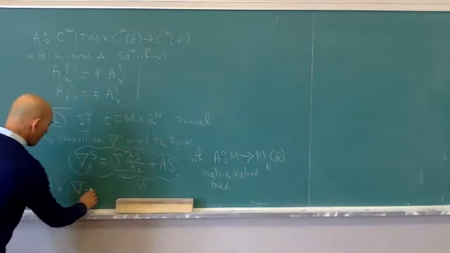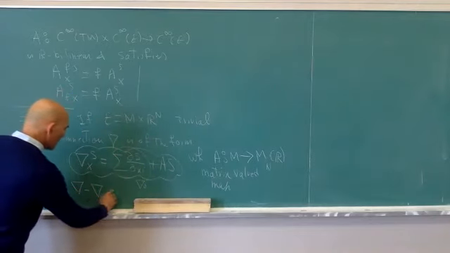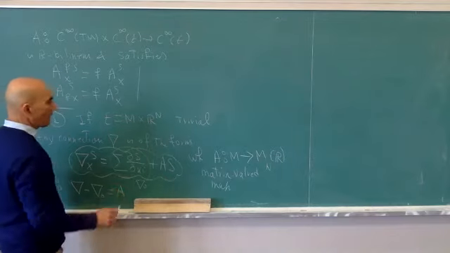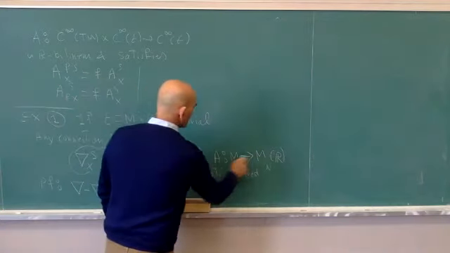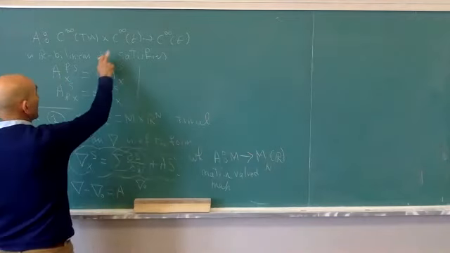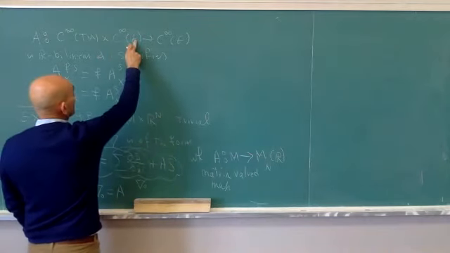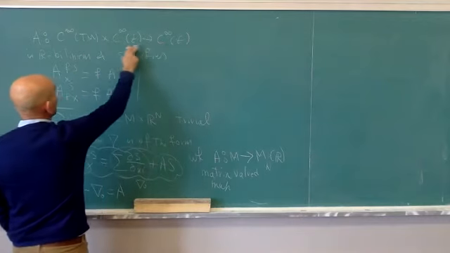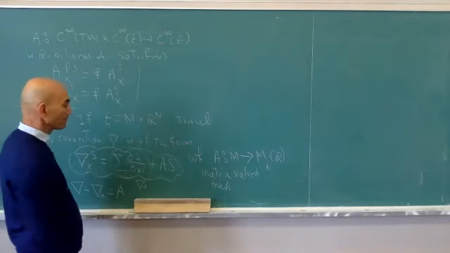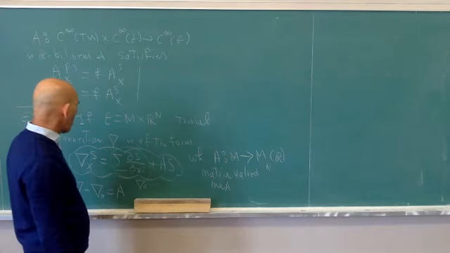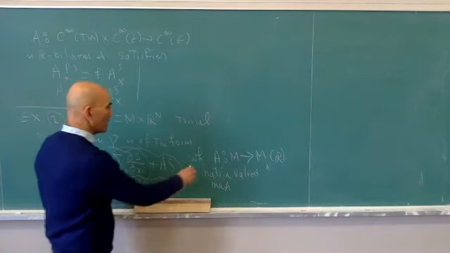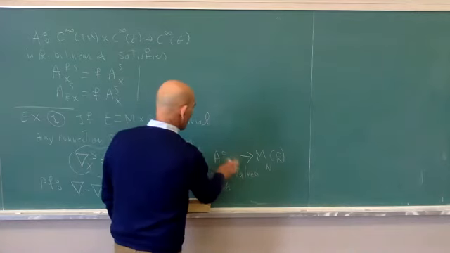If you subtract nabla from nabla 0, then you get A, and by this observation, A is such a map. You can check that really you're just going from C infinity of Tn, sorry.